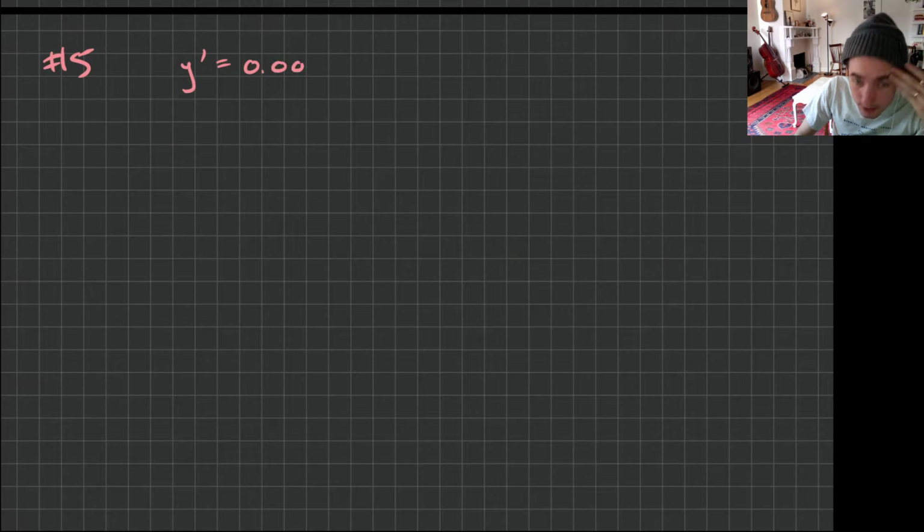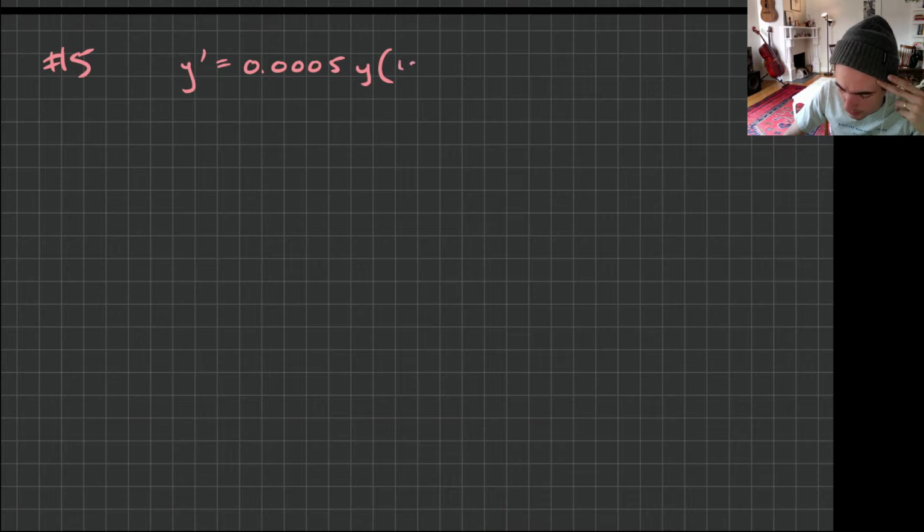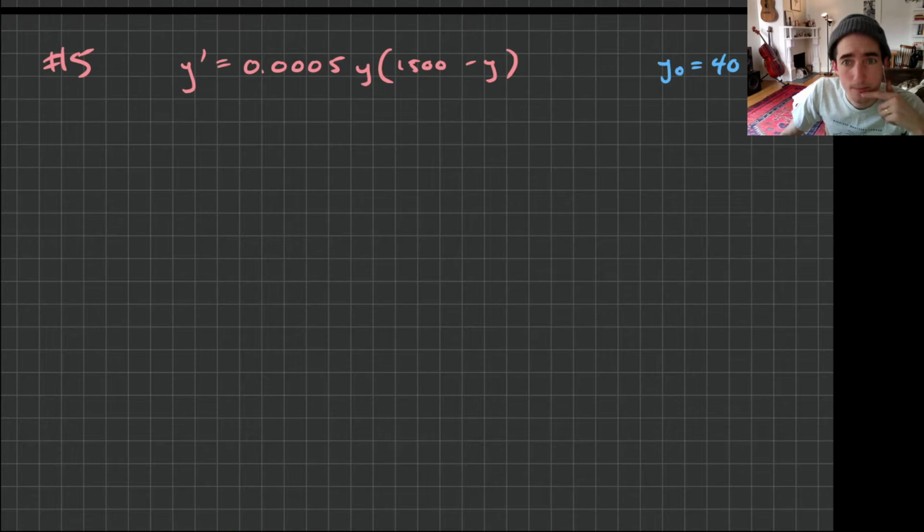I've got this differential equation here: y prime is equal to 0.0005, that's 3 zeros and a 5, times y times 1500 minus y. And it has an initial population of 40, so y naught is equal to 40.